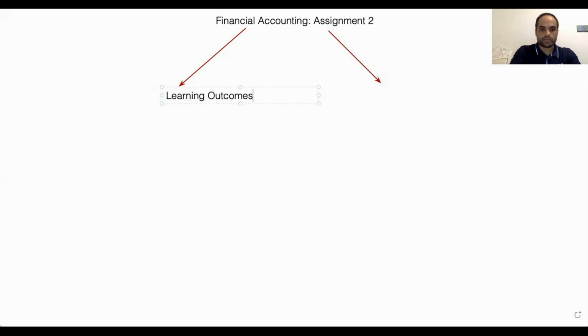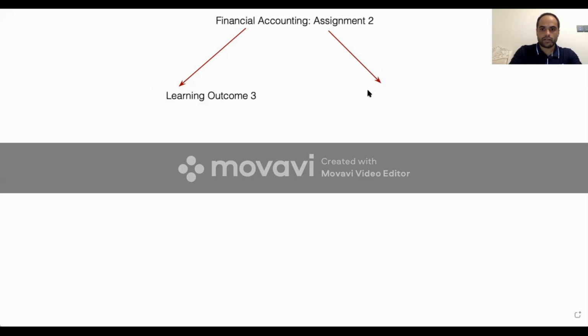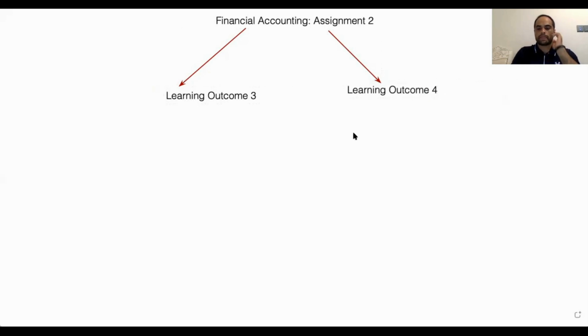Learning outcome 3 and learning outcome 4. So learning outcome 3 is about BRS.